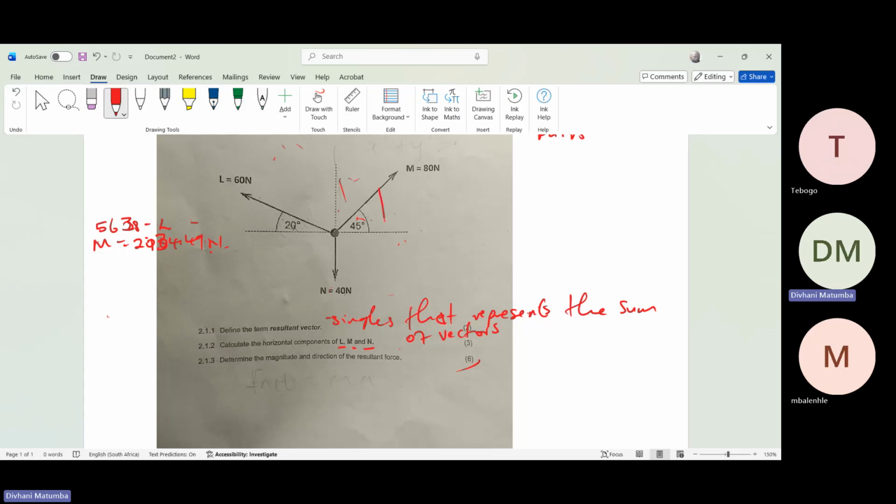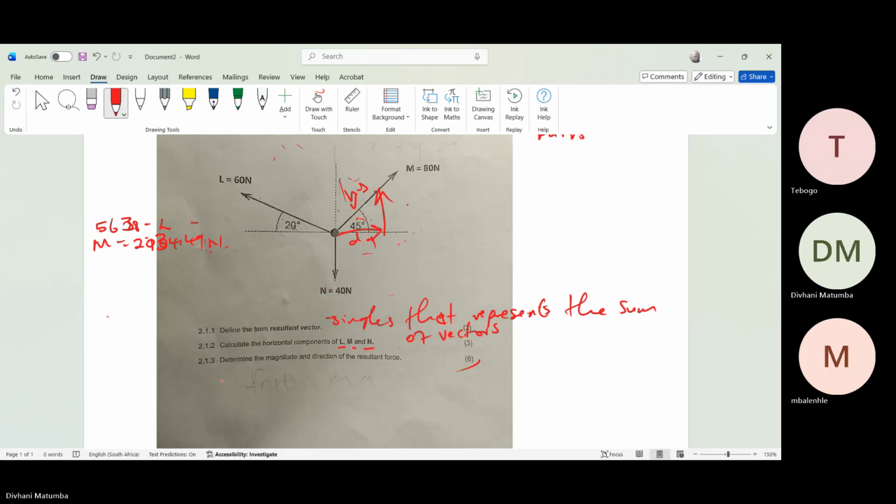Okay, obviously you are going to use trig ratios in order to calculate this. So this is your horizontal component, and this is your vertical component, and this is your force. If this is your hypotenuse, this will be your adjacent.